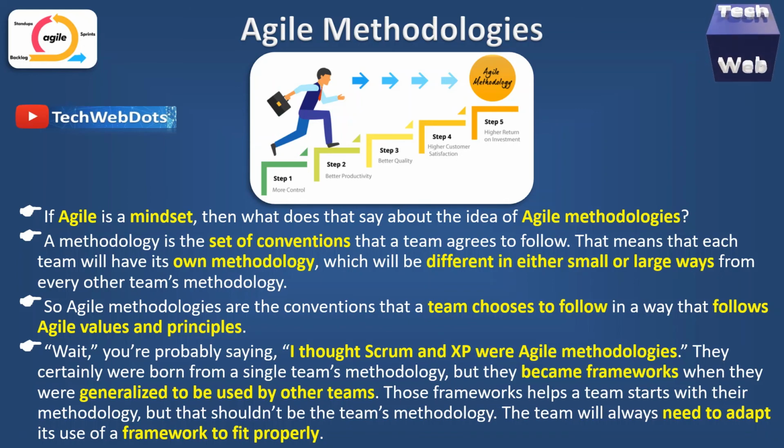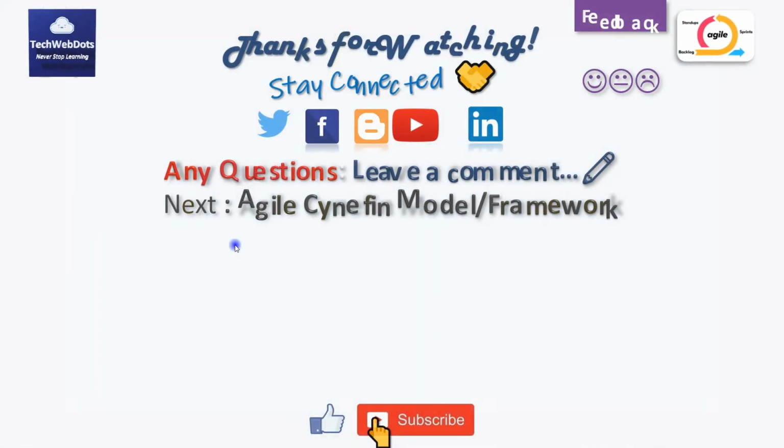They certainly were born from a single team's methodology, but they became frameworks when they were generalized to be used by other teams. Those frameworks help the team start with their methodology, but that shouldn't be the team's methodology. The team will always need to adapt its use of a framework to fit properly. So I hope all these points are clear.